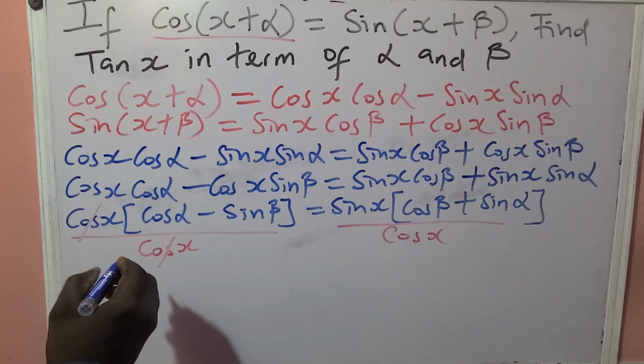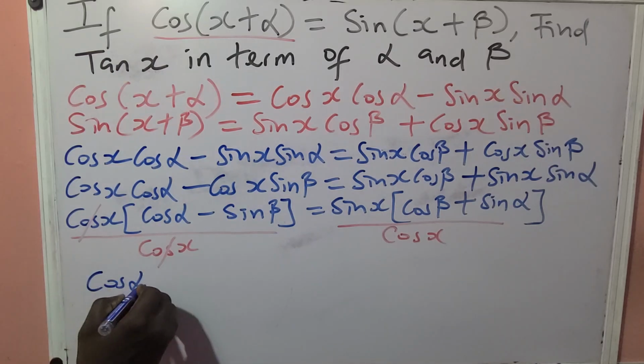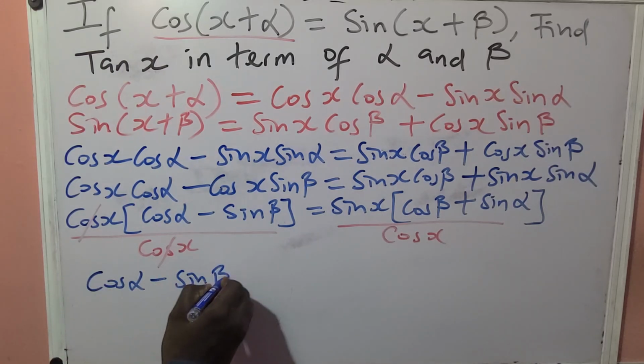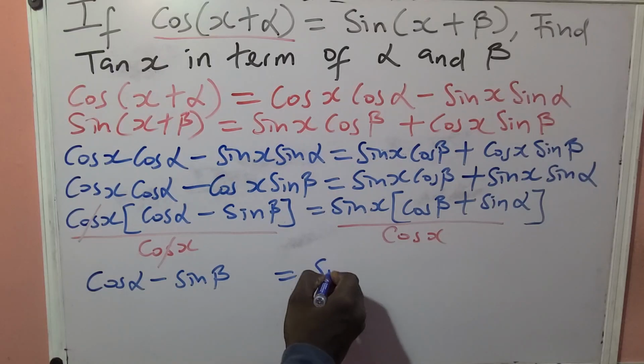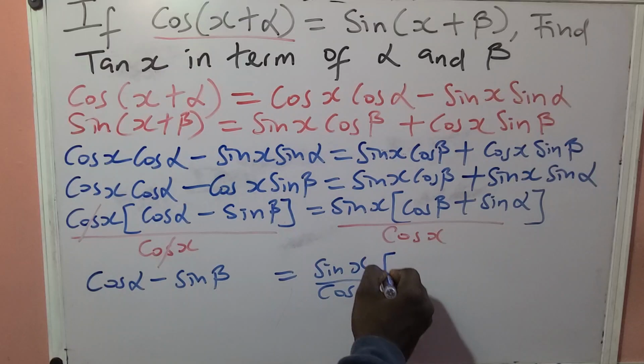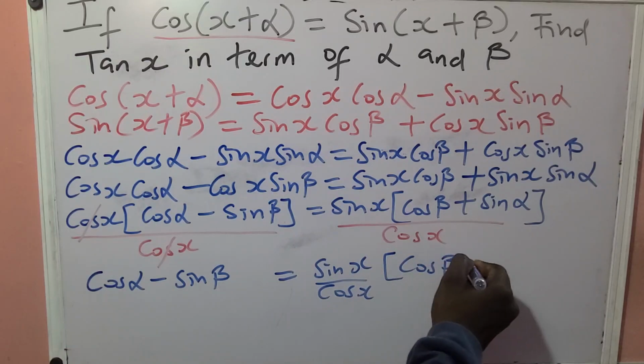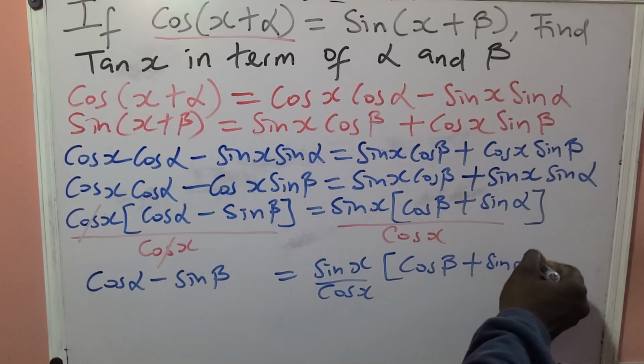So what I have here is cos alpha minus sine beta will be equal to sine x over cos x, times cos beta plus sine alpha.